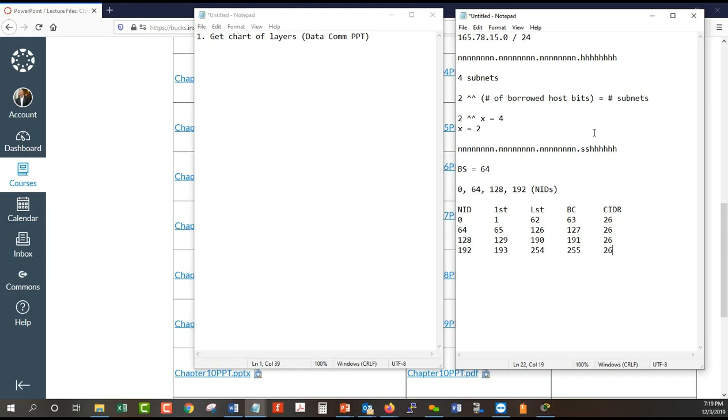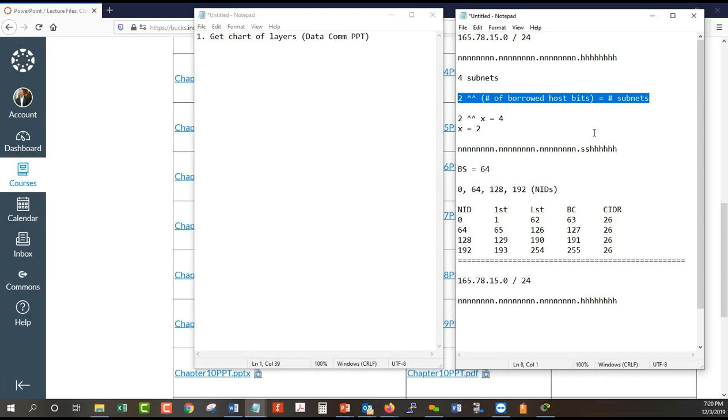Okay. So in our next problem, we're going to essentially take the same address up here, only this time I want to do 5 subnets rather than just 4. And this is going to basically force us into a slightly different type of problem. Again, we will use our formula up here.